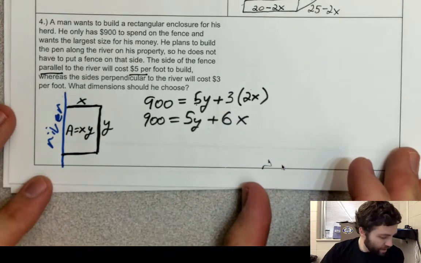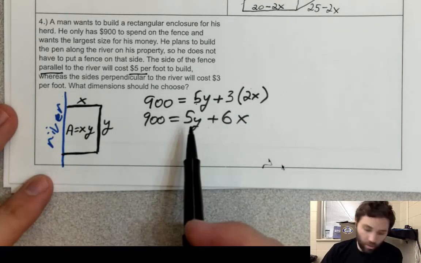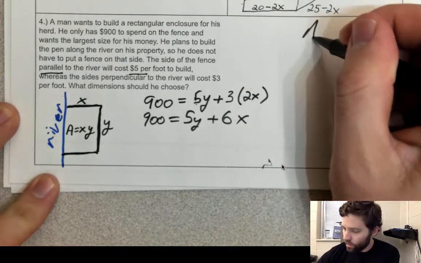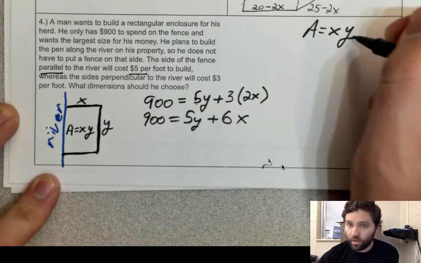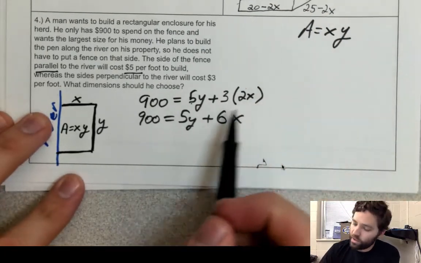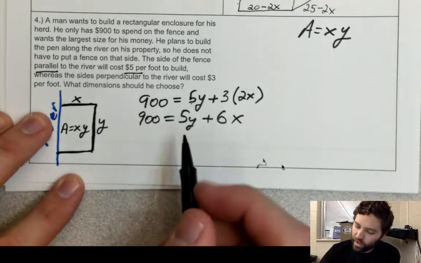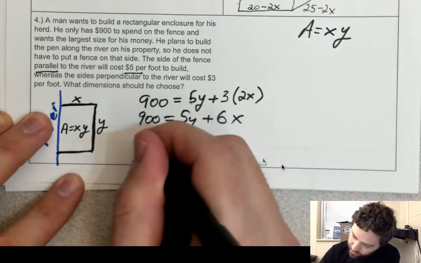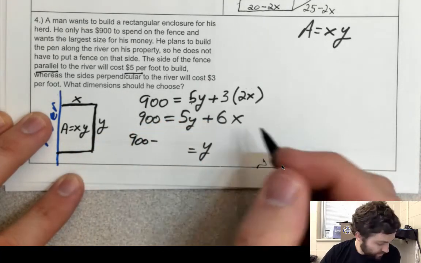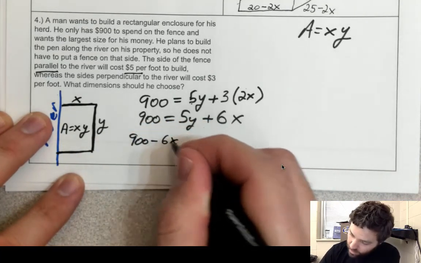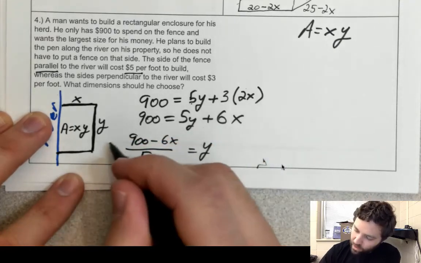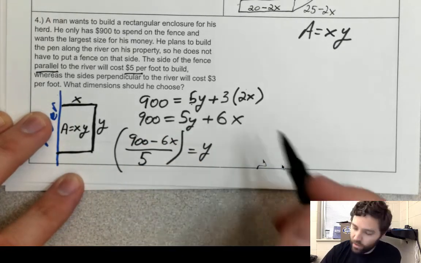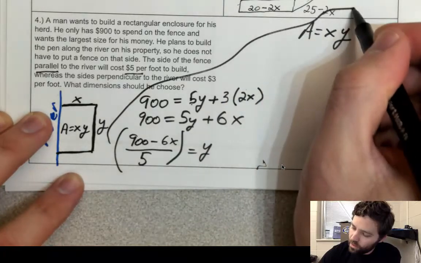All right, so two equations, two unknowns. Remember that our one equation is x times y. And so what we'll do is solve this for y and drop it in there. So I get ultimately y equals 900 minus 6x, divided by 5. You're going to take this and drop it in here.